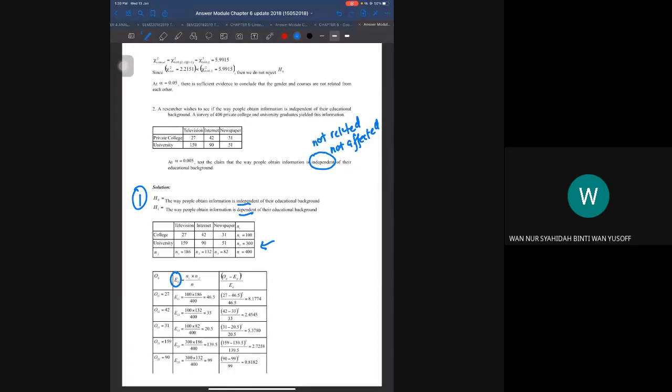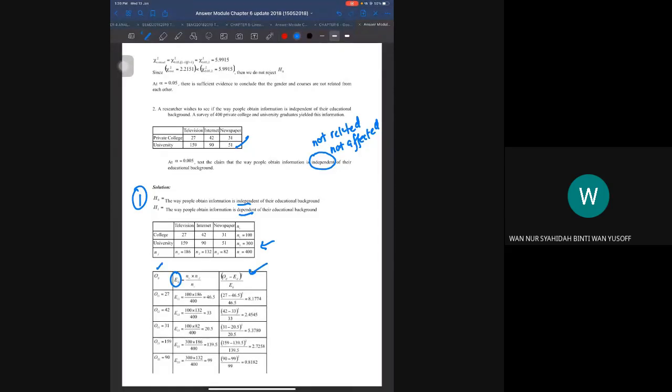The first column you have the observed frequency, given in your question, and then you have the E column, Eij, the expected column, and the third column is actually the chi-square, because here we don't need to check whether the E is less than 5 or not. So after you have the E, proceed to the chi-square.